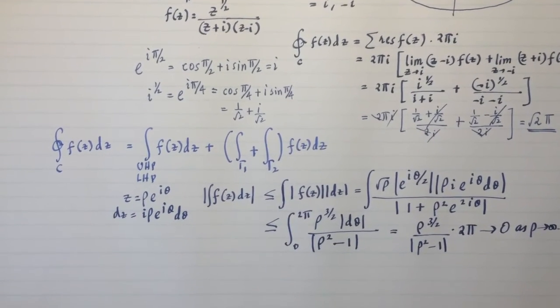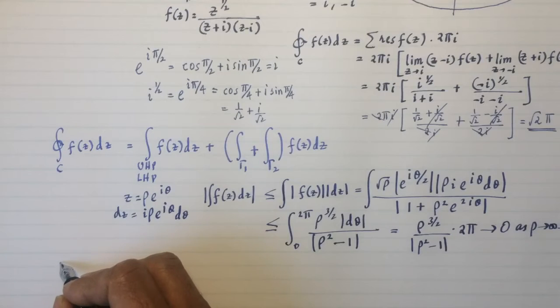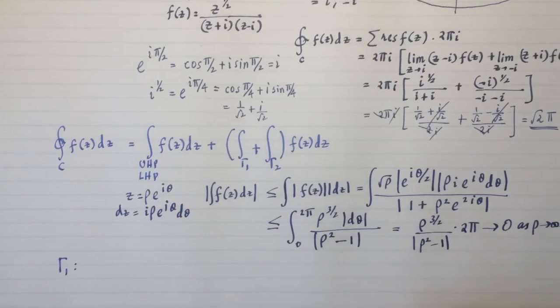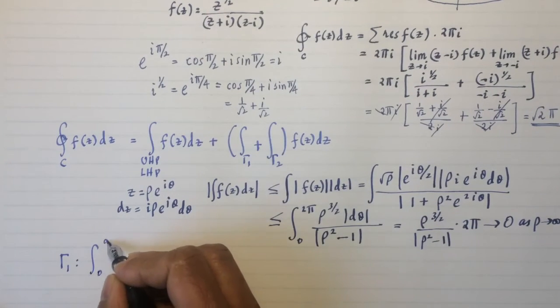Now the integral over gamma 1 is going to be the integral from 0 to infinity.